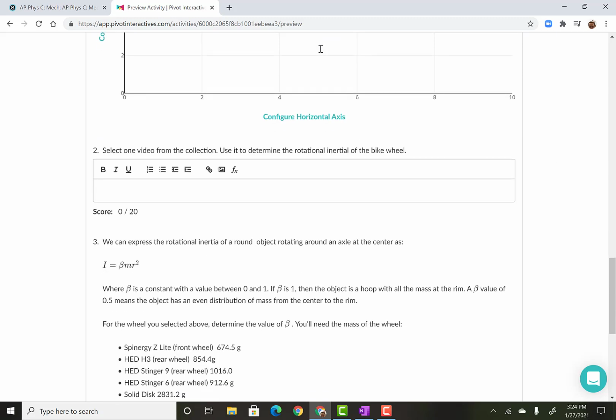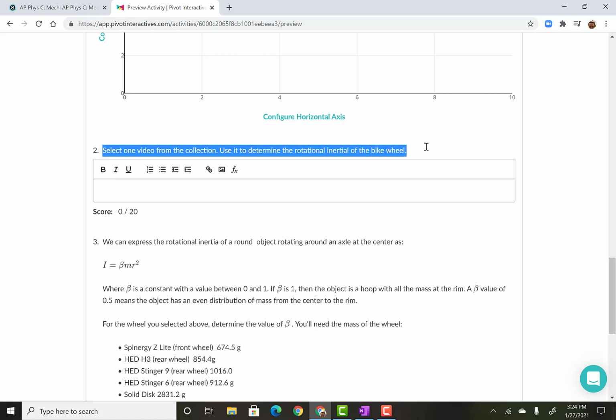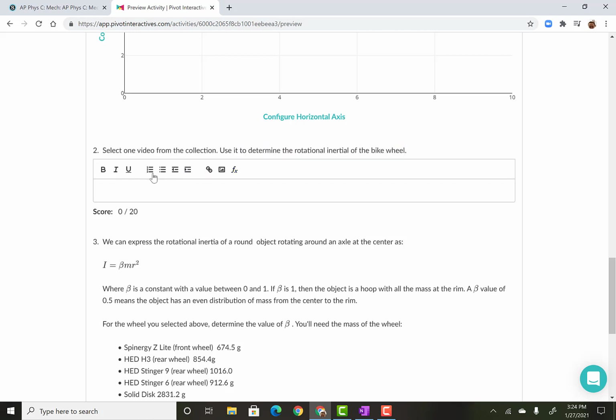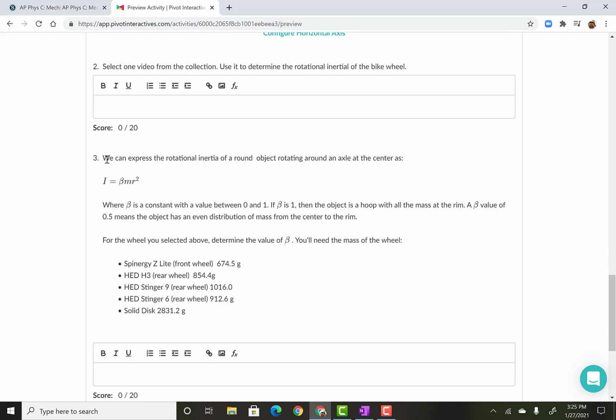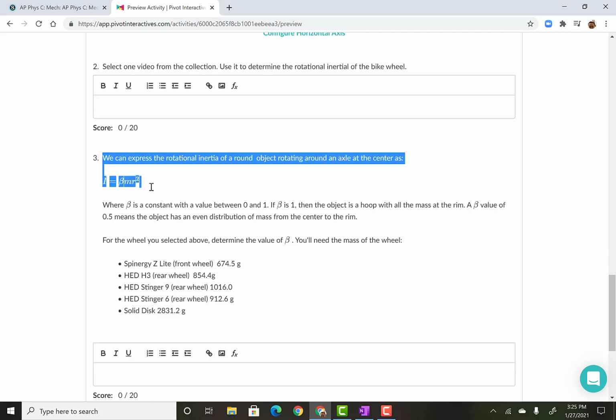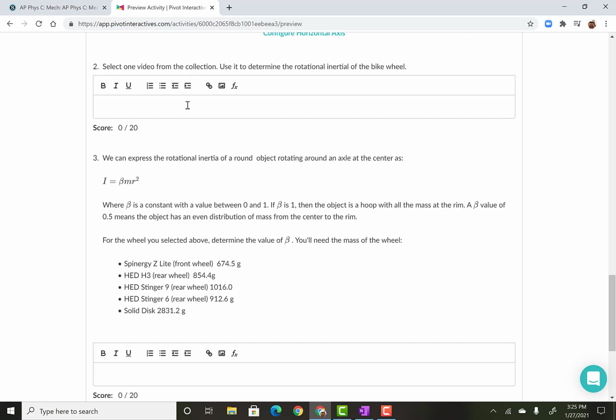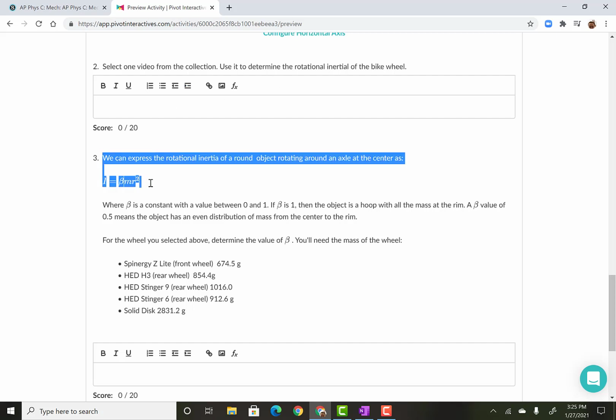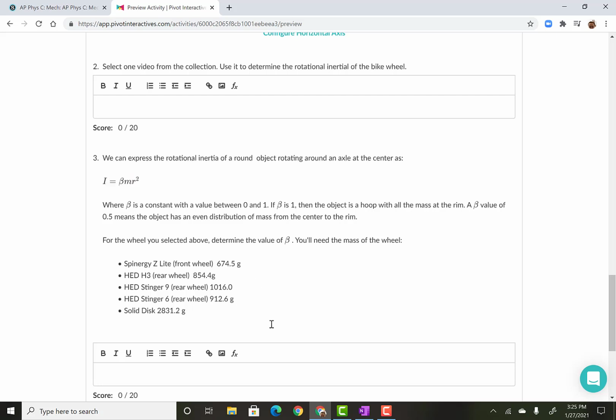So after all this graph stuff, it gives you this: select one video from the data collection used to determine the rotational inertia of the bike wheel. So it just tells you to select one video. You don't have to go through all the different masses like I was saying. Then once you got the moment of inertia from the video, find out what beta is using this equation here and this data here.